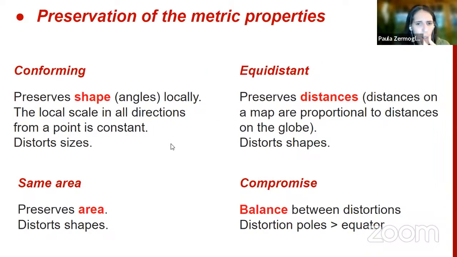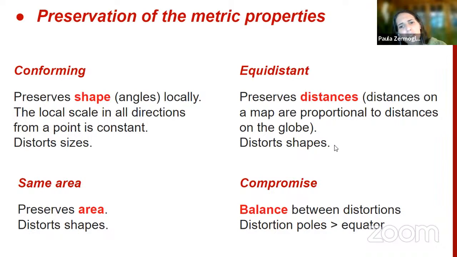So this is a little more detail. For example, conformal projections preserve shape, but by preserving shapes, they distort the sizes of the elements. Projections that preserve area distort the shape. We have the same square kilometers, but the shape is a little distorted.